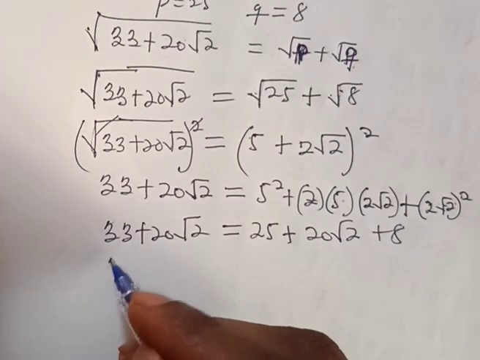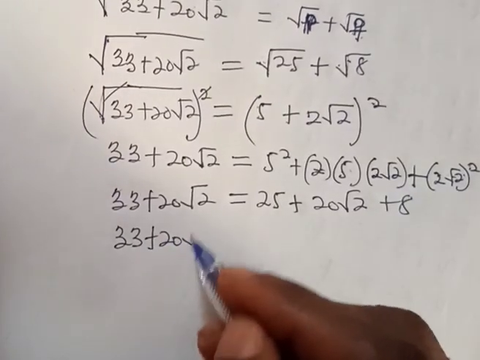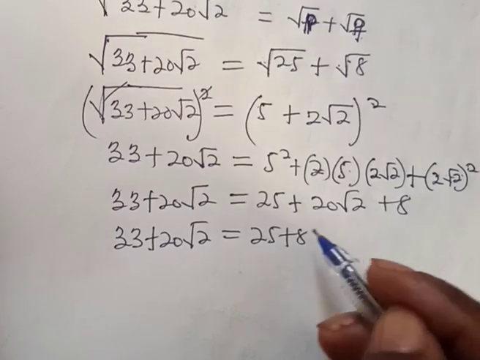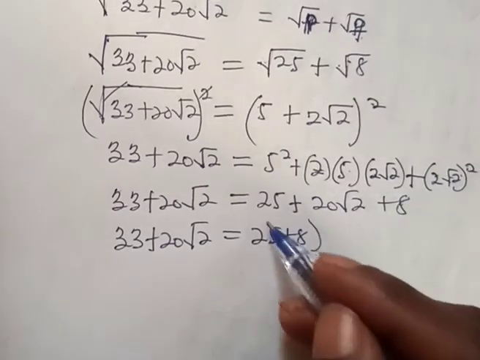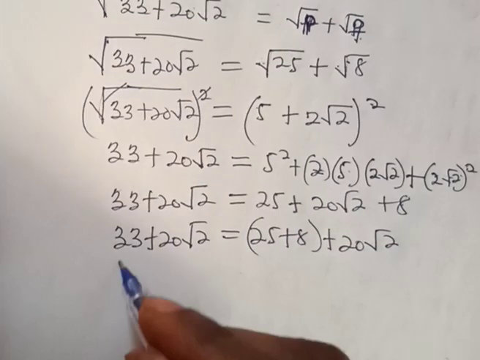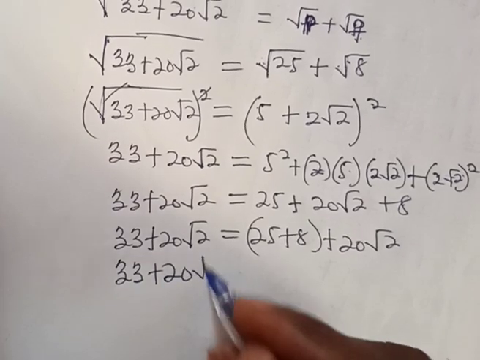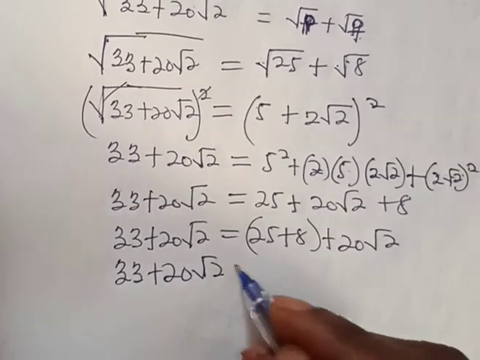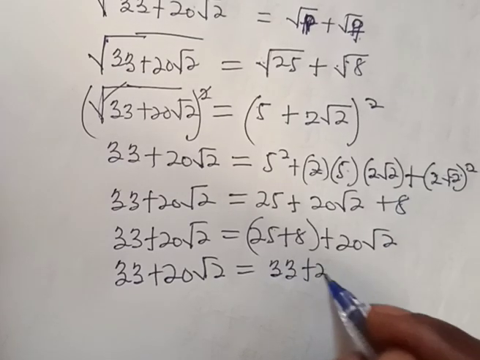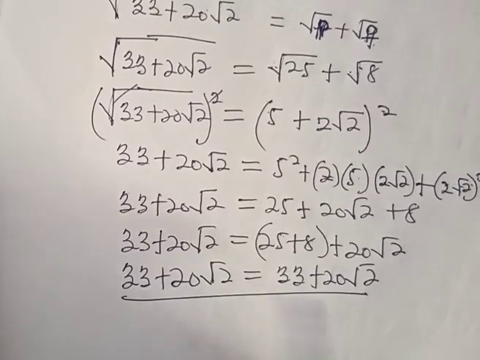Good. So we can write here 33 plus 20 root 2, which is equal to 25 plus 8. So I'm sending this here, then we add plus 20 root 2. Now we have 33 plus 20 root 2, which is equal to this plus this is 33 plus 20 root 2. Perfect. Now you see that we have gotten the same thing.